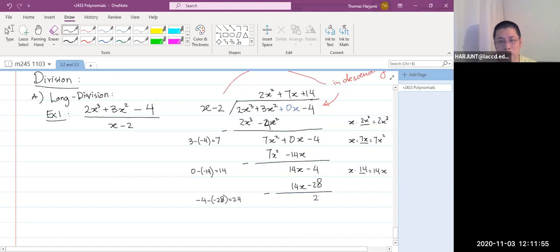So this is 24. Now, therefore, the quotient is 2x squared plus 7x plus 14 plus 24 over x minus 2.